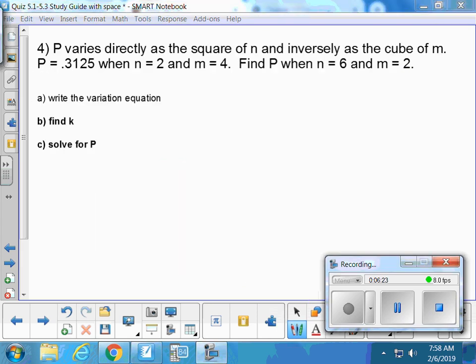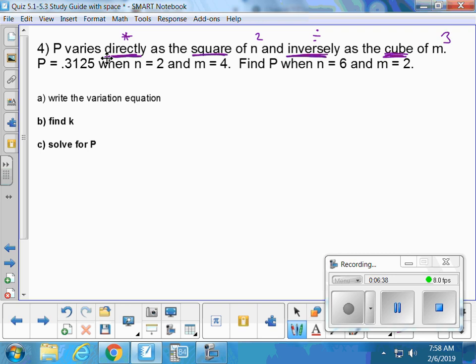P varies directly, that means multiply, as the square, that means I'm going to be squaring n, and inversely as the cube of m, that means I'm going to be dividing by m cubed. There's a lot going on in this problem. For one ticket, can somebody tell me what my equation setup will look like?